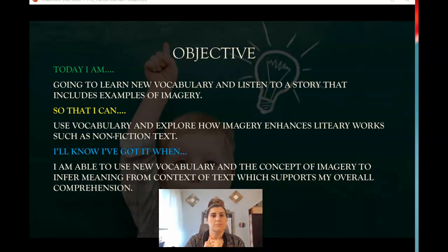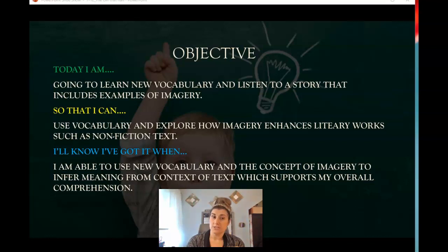And with imagery, basically, it helps us to write and to be able to create a picture in our mind. So our objective today is exactly that. So you're going to be learning some new vocabulary that goes along with our story for today. And you're also going to be looking at some examples of imagery, so that you're able to explore how imagery enhances literary works.